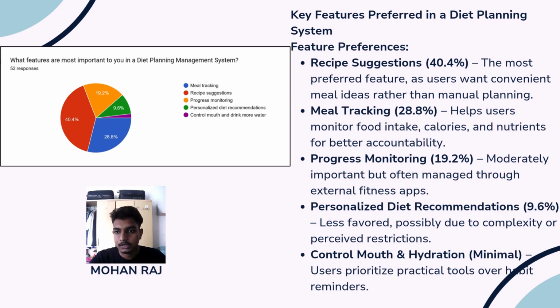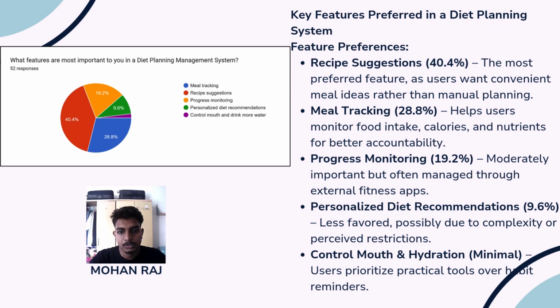The fourth question is, what features are most important to you in a diet planning management system? 40.4% voted for recipe suggestions. This is the most preferred feature, as users want convenient meals rather than manual planning. And 28.8% voted for meal tracking. This helps users monitor their food intake, calories and nutrition for better accountability.